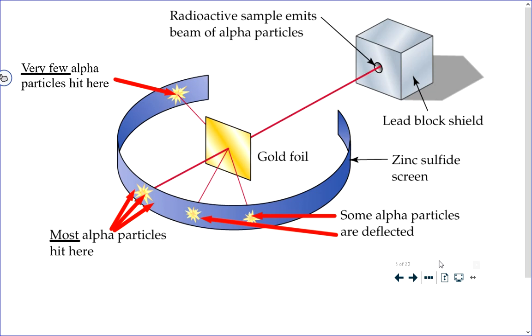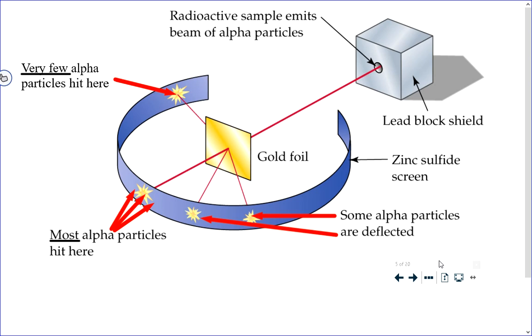So literally what this experiment involves is you sitting and staring at this screen and counting how many tiny flashes of light you see and in which places you see them. So he discovered that most of the alpha particles went through with very little deflection. The conclusion he's going to draw based on that observation is that most of an atom is empty space.